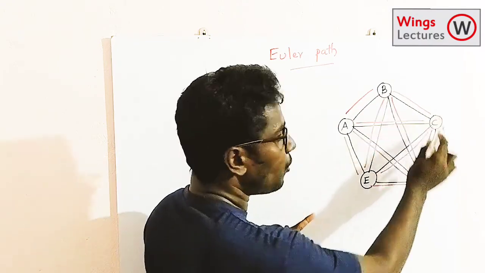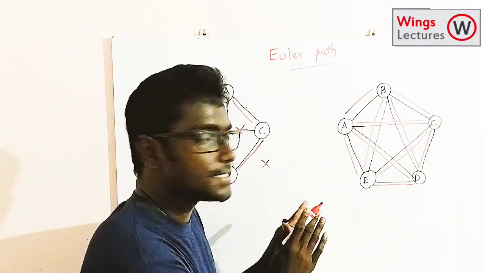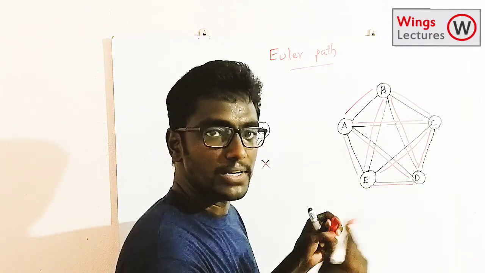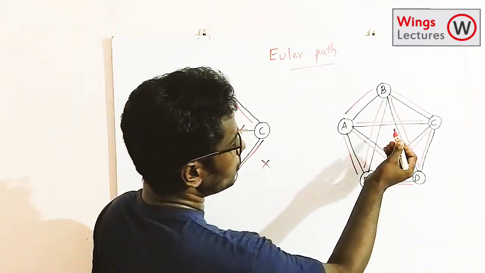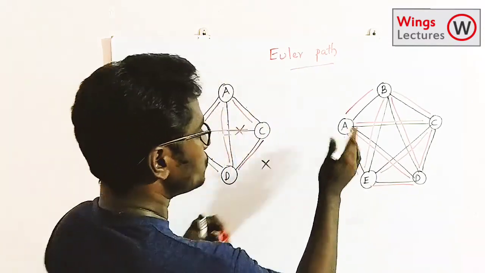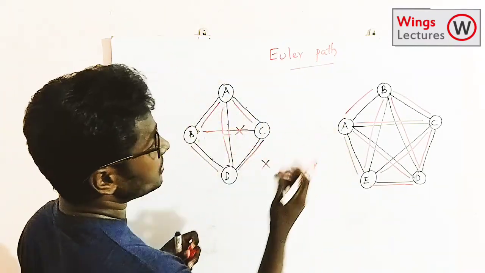See, I have visited all the vertices as well as all the edges, right? Is there anything pending? Everything has been visited. So just find out the route which I have traveled.